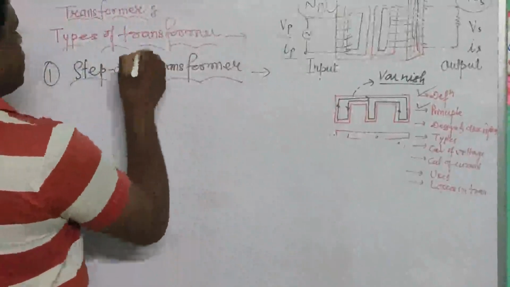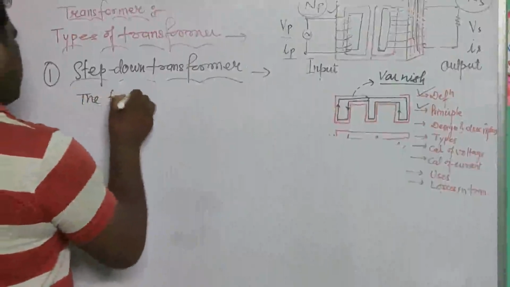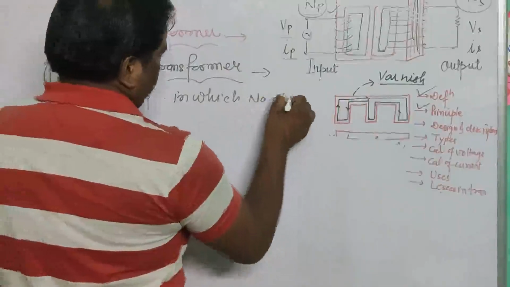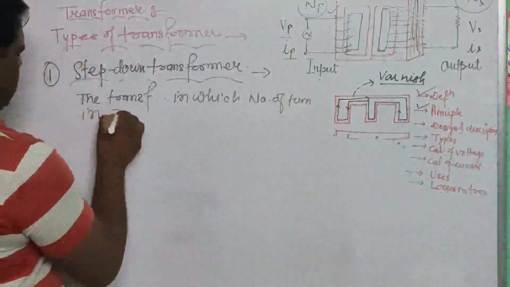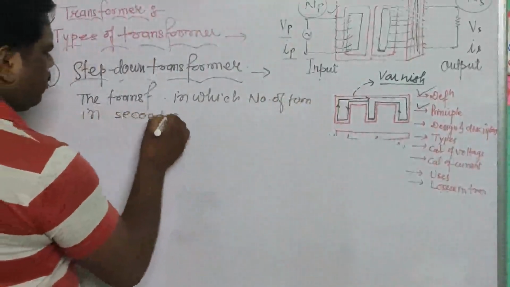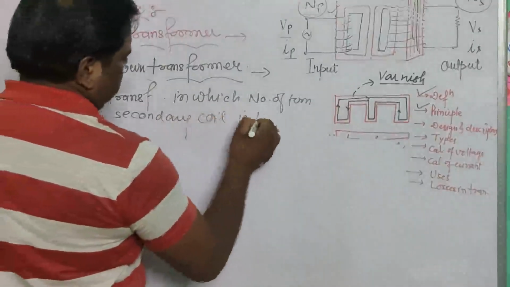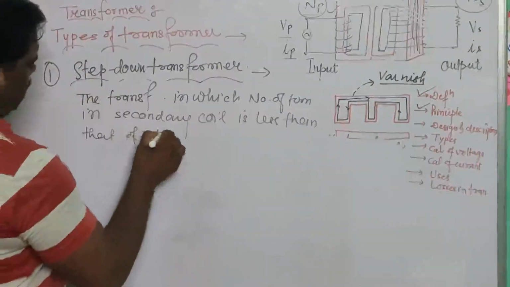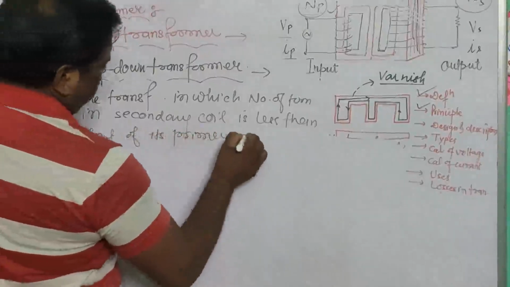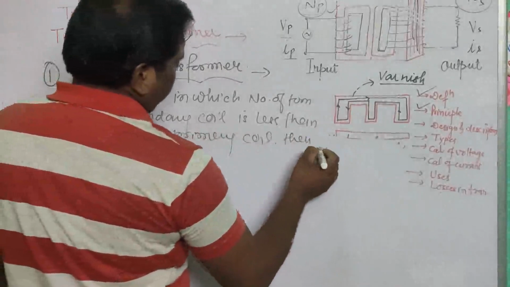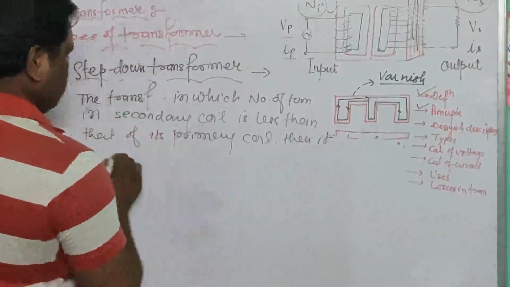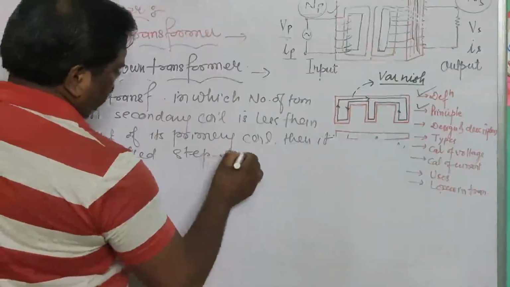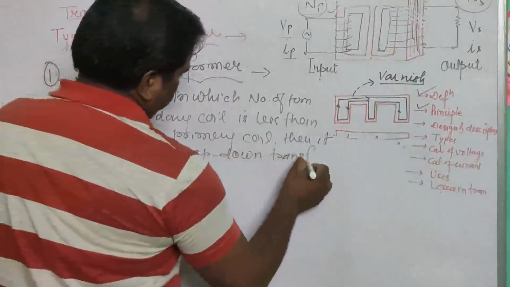So the transformer in which number of turns in secondary coil is less than that of its primary coil, such type of transformer is called step down transformer.